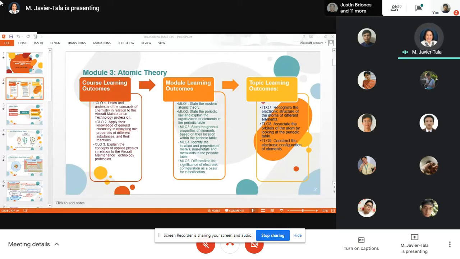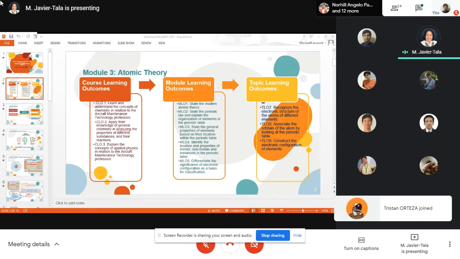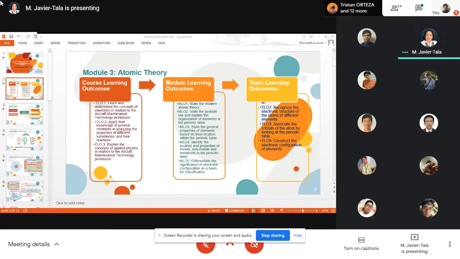Because here, class, we will be able to do the electronic configurations of the elements, and by looking at the electronic configuration we would be able to know its properties. Okay.